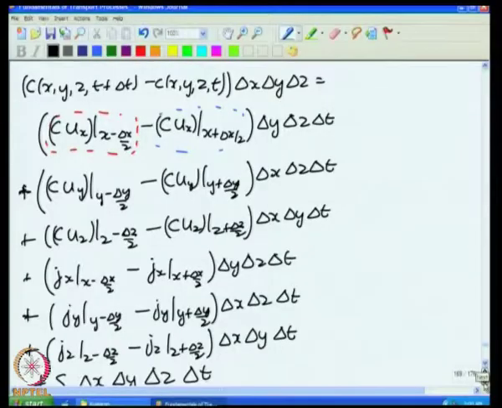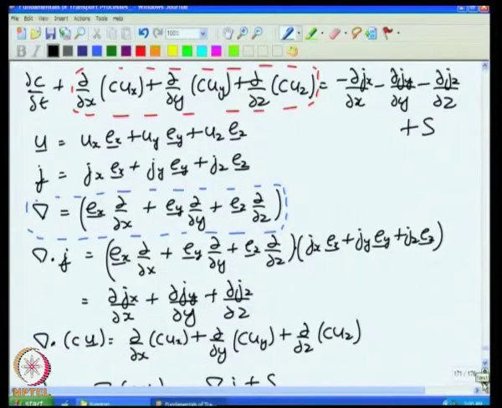Okay. And therefore, we can add up the two contributions, one due to convection and the other due to diffusion, and divide throughout by volume and delta t, and we get a general equation for conservation in three dimensions. So, we saw this general equation for conservation in 3 dimensions here.